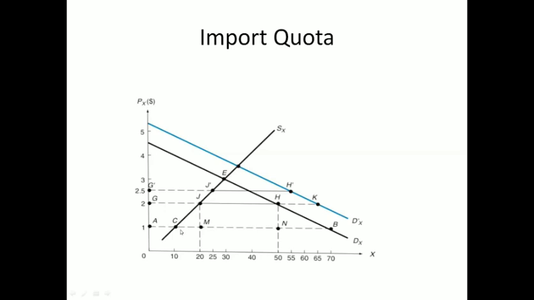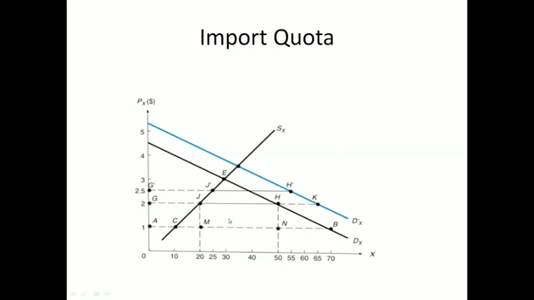Now what happens if there is the imposition of an import quota equivalent to this J to H? This means 30x, that is 20 to 50, which is equivalent to this import quota. Now, as a result of this, the price would rise from $1 to $2.